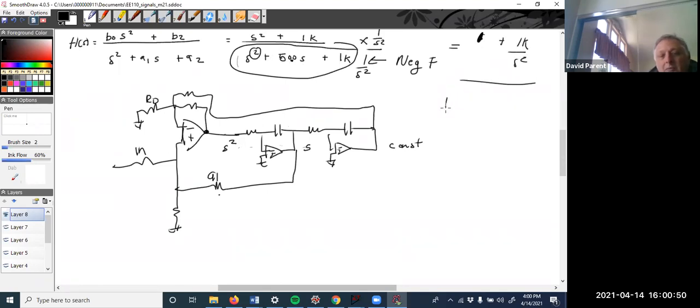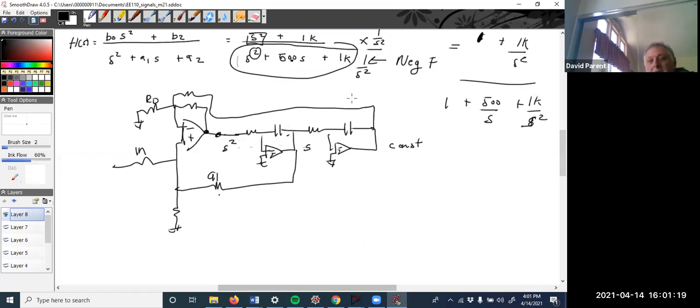I get 1 plus 500 divided by S plus 1k divided by S squared, right? Because it's all in order, that's 1, which relates to S squared, right? That's 500 divided by S, because that's an integrator. And then this is 1k divided by S squared, right?